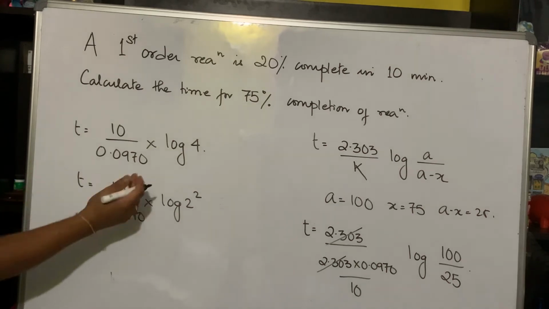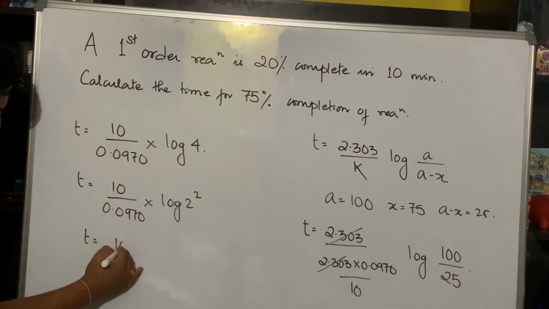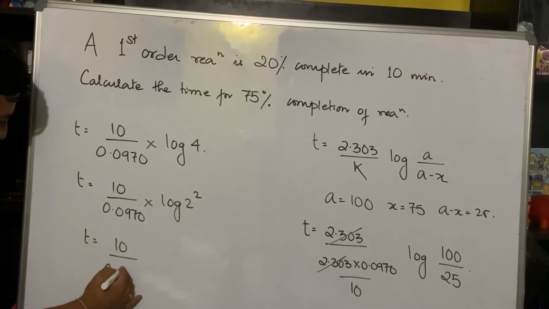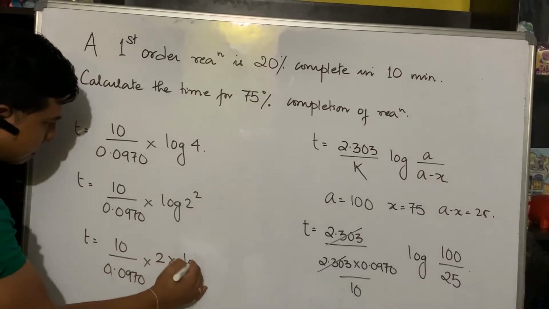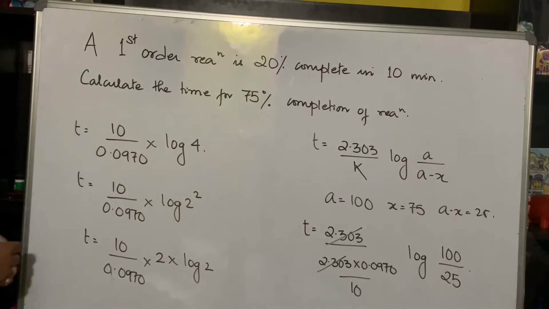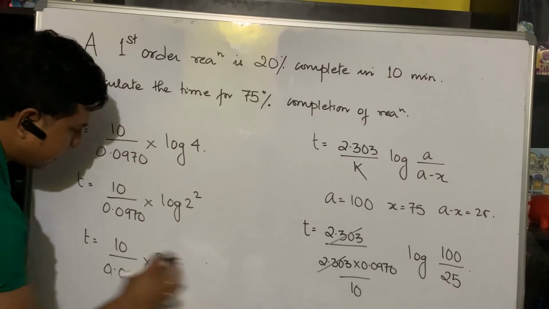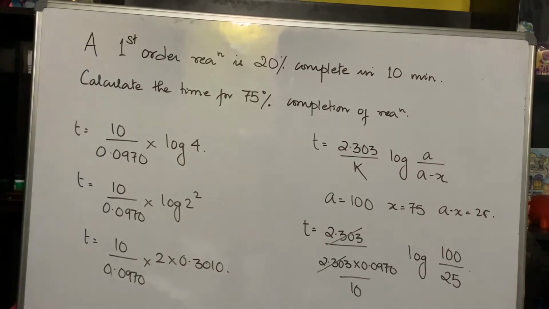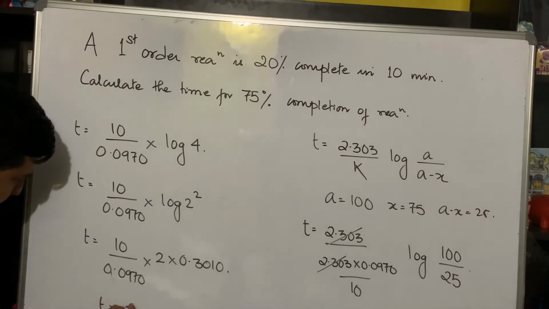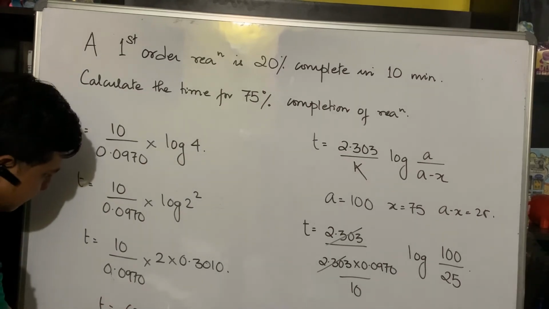And what is log 2 to the power 2? It is 2 log 2. So 0.0970 into 2 into log 2. Fine. So what is the value of log 2 again? It is 0.3010. So if we solve this, approximately our answer will be around 62 minutes.